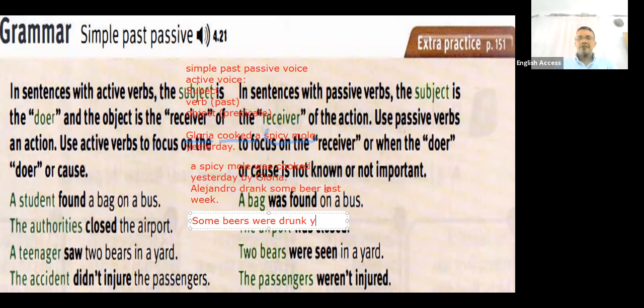Yes, last week. The first step is to identify the objects as plural or singular, right? So you know which one to use, was or were. By default, you need to know the verb in past participle. Excellent, good job.